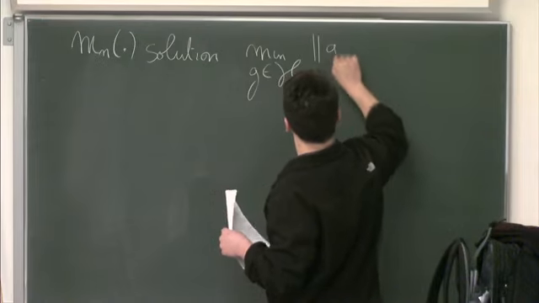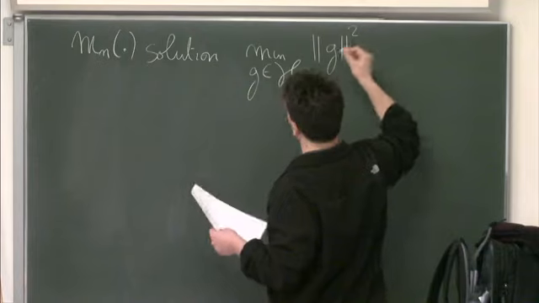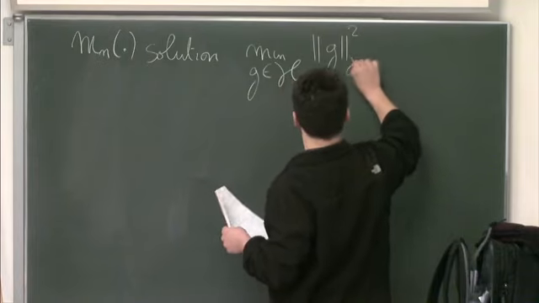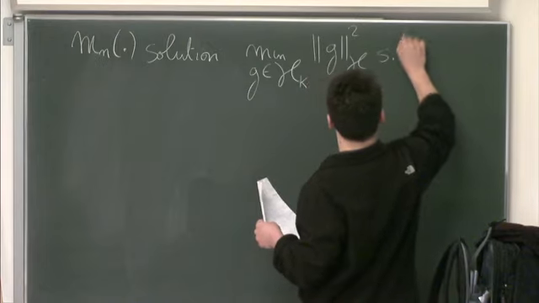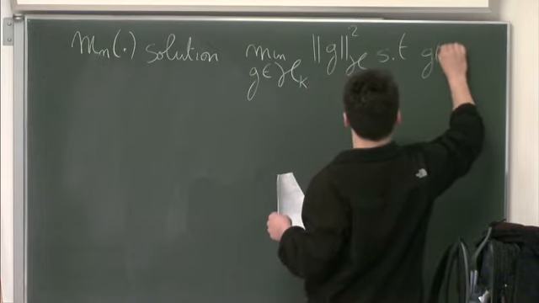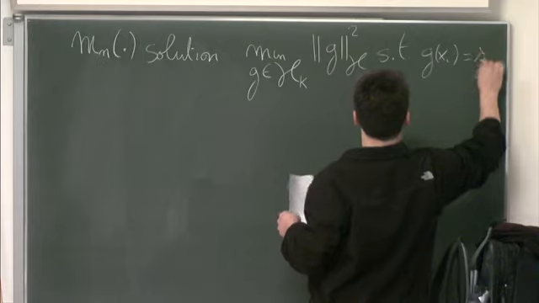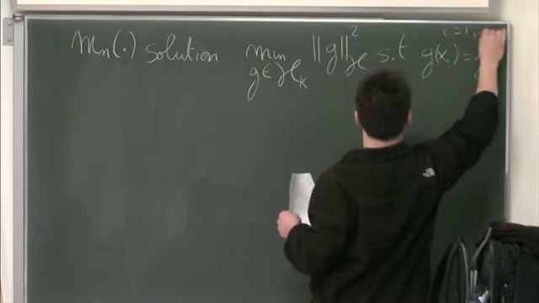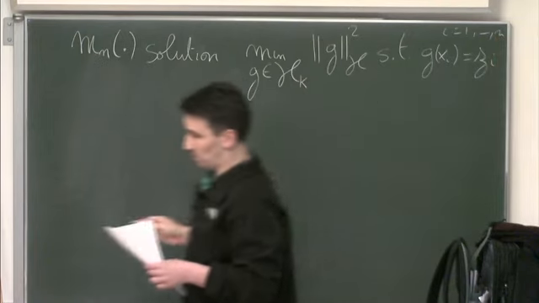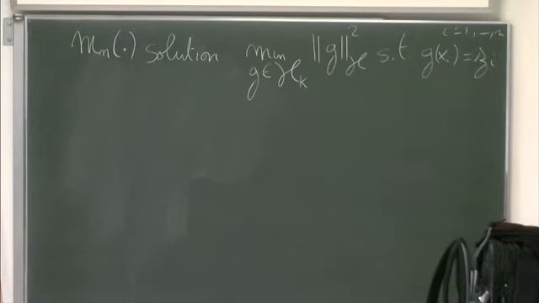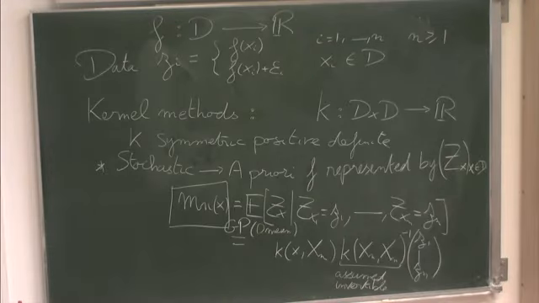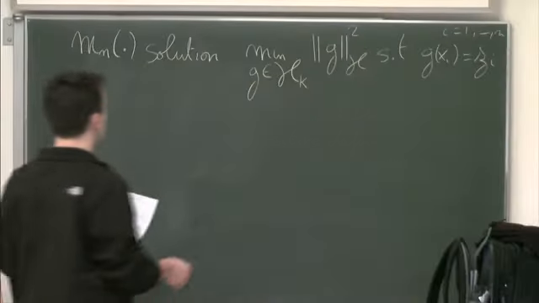So I'm minimizing the norm of g, put a square or not, it doesn't make any difference, subject to the constraints that g of xi is equal to zi for i ranging from 1 to n. So you can show by a theorem that is called the Kimeldorf-Wahba representer theorem that dates back to 1971, that this mean Gaussian process predictor is also the solution to a deterministic problem.